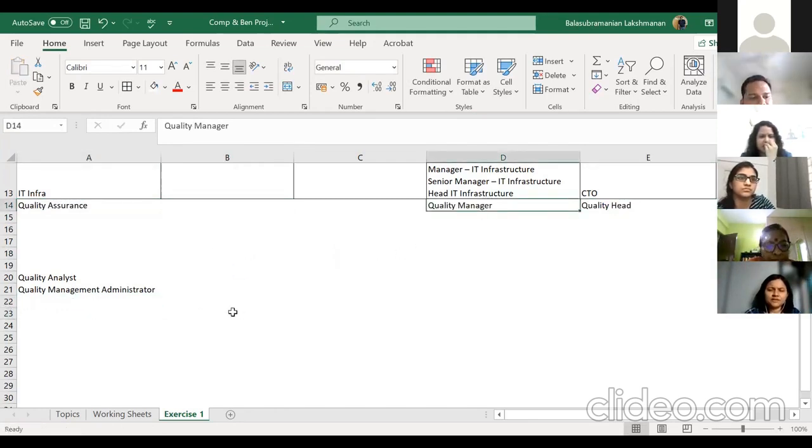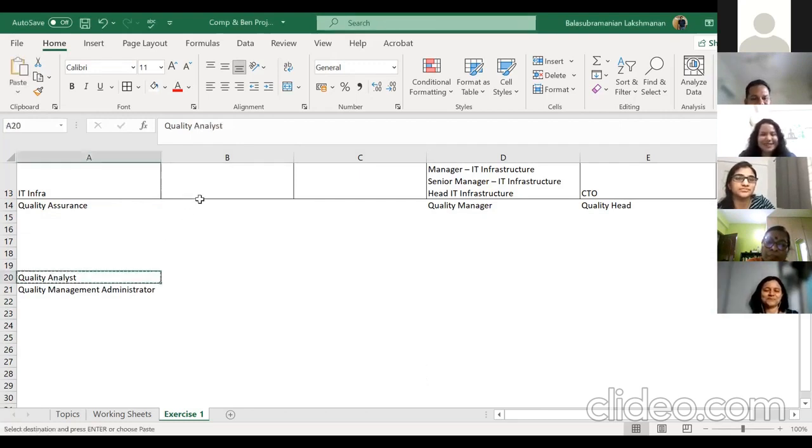Quality management administrator, but even here the scope is A3. It's already written. Senior administrator is actually an IC role. So it's A2, and quality analyst is A1. A1. Right. So I think we've done it successfully, Bala.